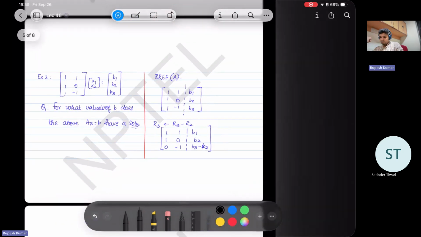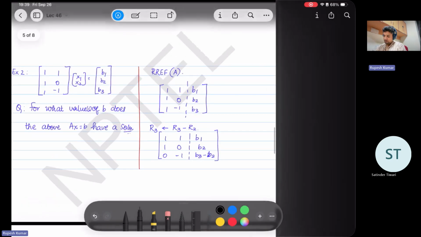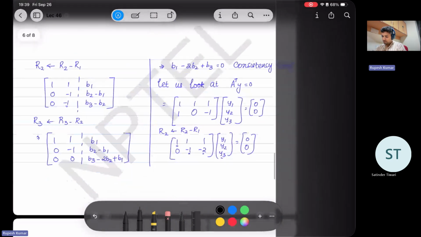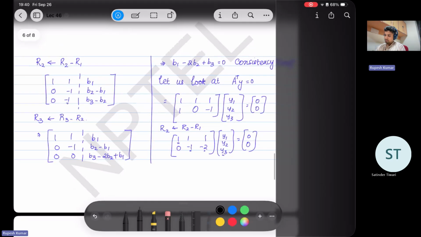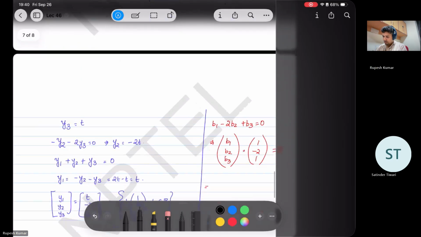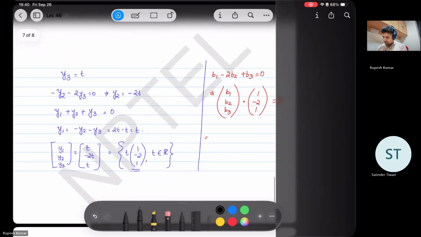We can look at this example also. For what values of b do we have the solution? You create the RREF form, and for consistency you need to check that b3, b1 minus 2 b2 plus b3 has to be 0. Now you can always look at A transpose y here: 1, minus 2, 1.